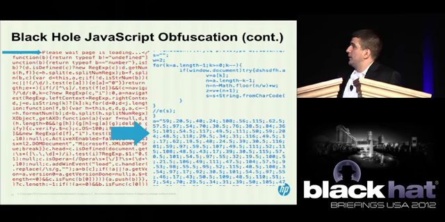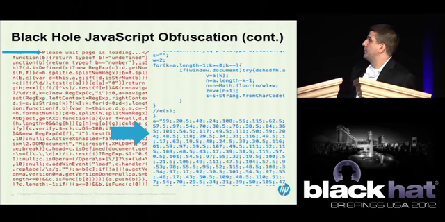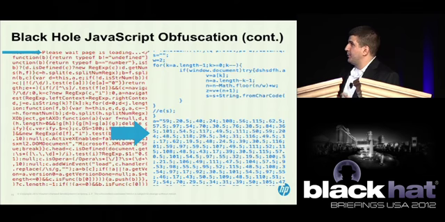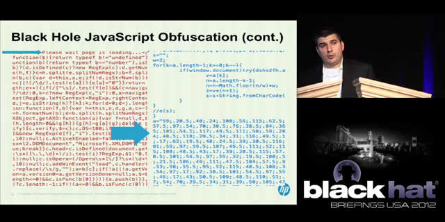And then up here you see string from char code. You'll actually see right here that's a float value. Then they do a floor. They do a lot of little tricks, but you can open up a web page and look at this and say that's definitely malicious.